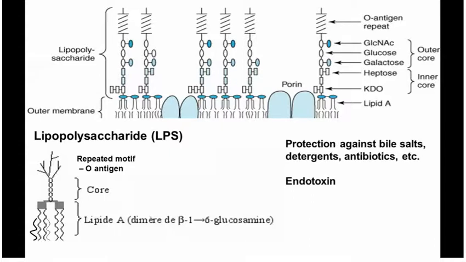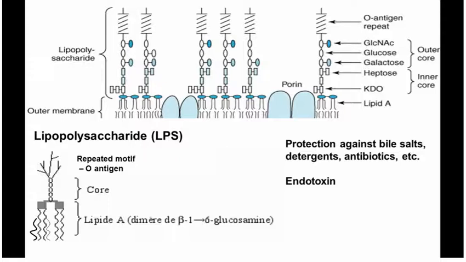Now, this part of LPS, lipid A and the core oligosaccharide, is highly conserved, and it's on the outside of the bacterium, and it's recognized by receptors of the innate immune system, which tell our immune system that we've been infected by gram-negative bacteria.